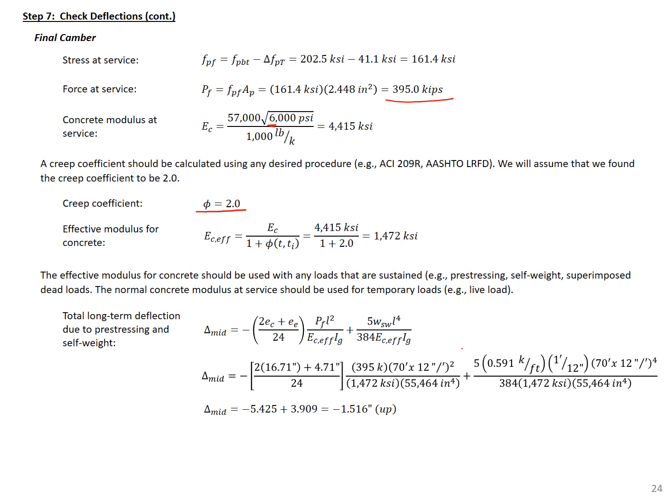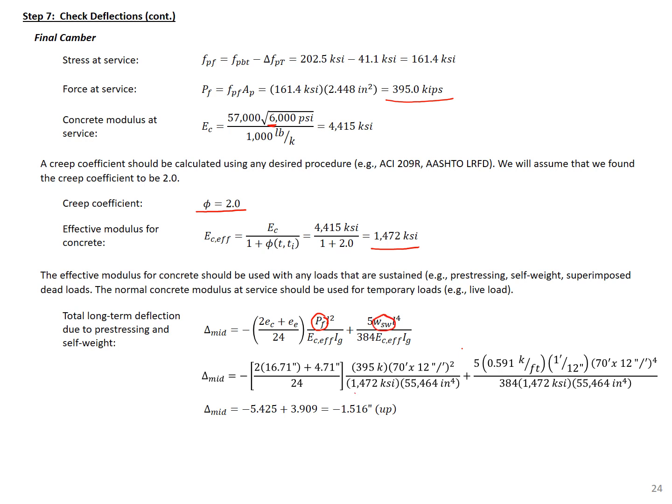And then we can use that to find our effective modulus. Just taking our modulus divided by 1 plus our creep coefficient will give us our effective modulus. We want to use our effective modulus for any sustained loads. For us, the pre-stressing is sustained and the self-weight is sustained.